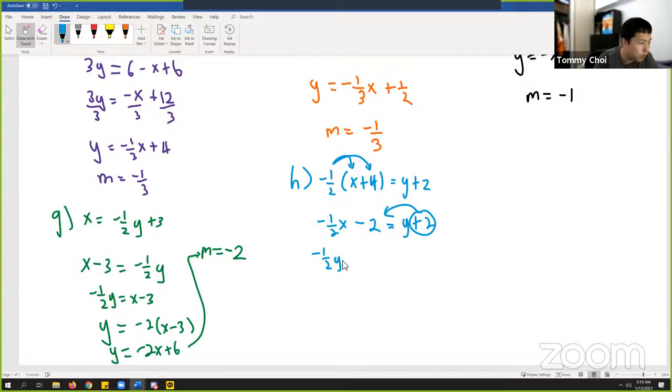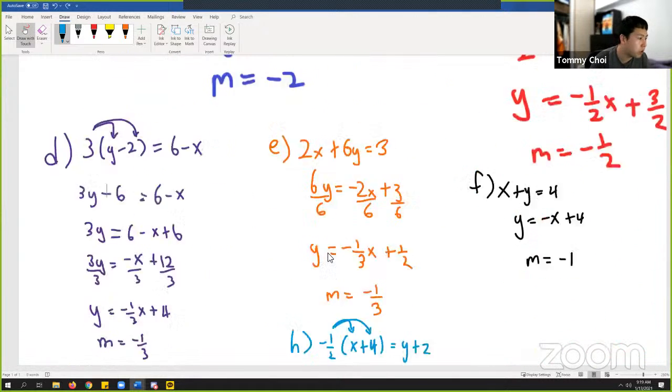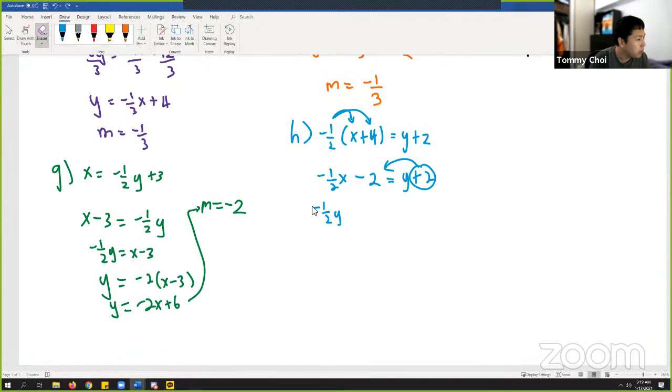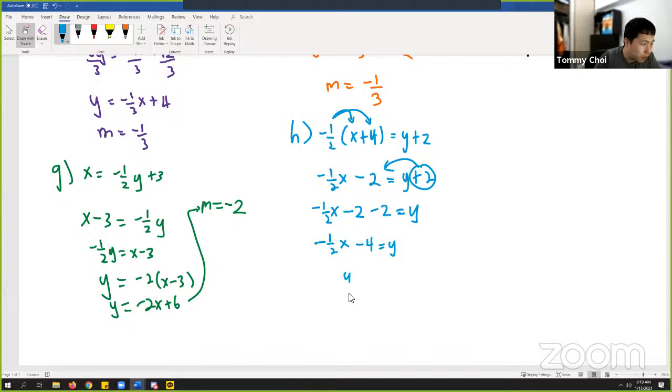Sorry, guys. Negative 1/2 x minus 2 equals y. And that's going to give me negative 1/2 x minus 4 is equal to y. If you want to flip it around, you can. And so my slope here is negative 1/2.